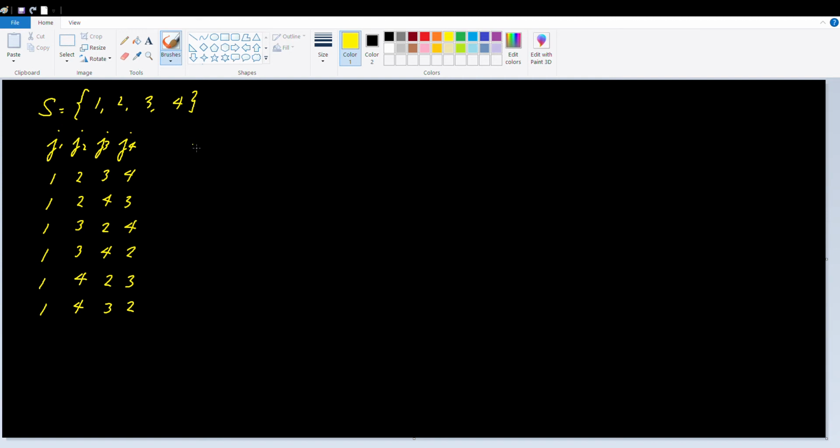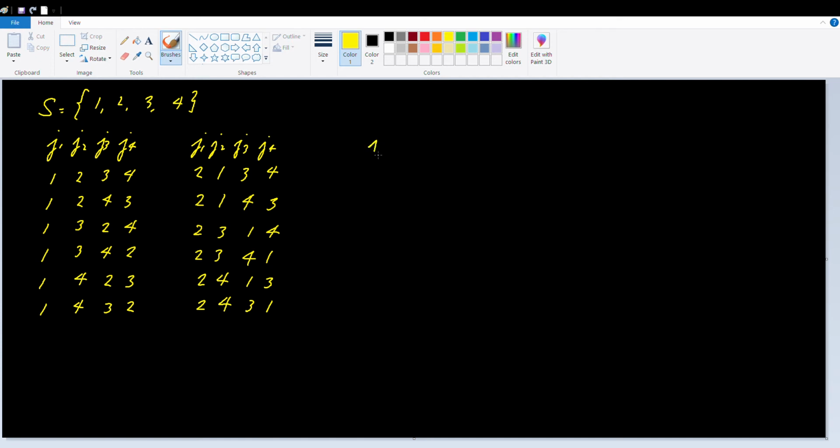Then, all permutations beginning with the number 2: 2, 1, 3, 4; 2, 1, 4, 3; 2, 3, 1, 4; 2, 3, 4, 1; 2, 4, 1, 3; and 2, 4, 3, 1.